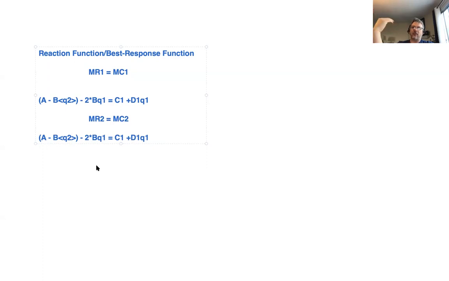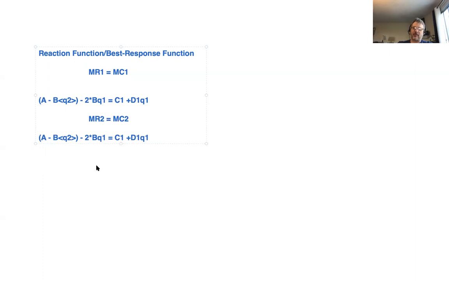If I'm firm one, the Nash assumption is that I'm going to choose an action based on the assumption that the other player has already chosen their action. So firm one is going to assume the quantity from firm two is held constant, and that's what gives them the residual demand.